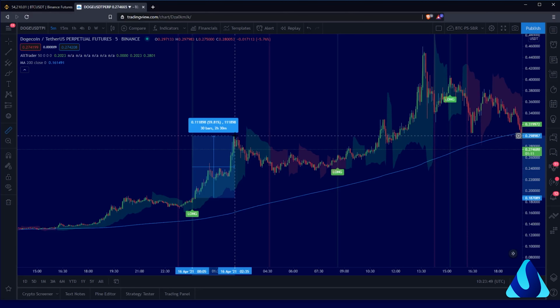So imagine if you're using 10x leverage or 50x leverage, the gains that you would have received would have been massive, and that's just off the first trade.